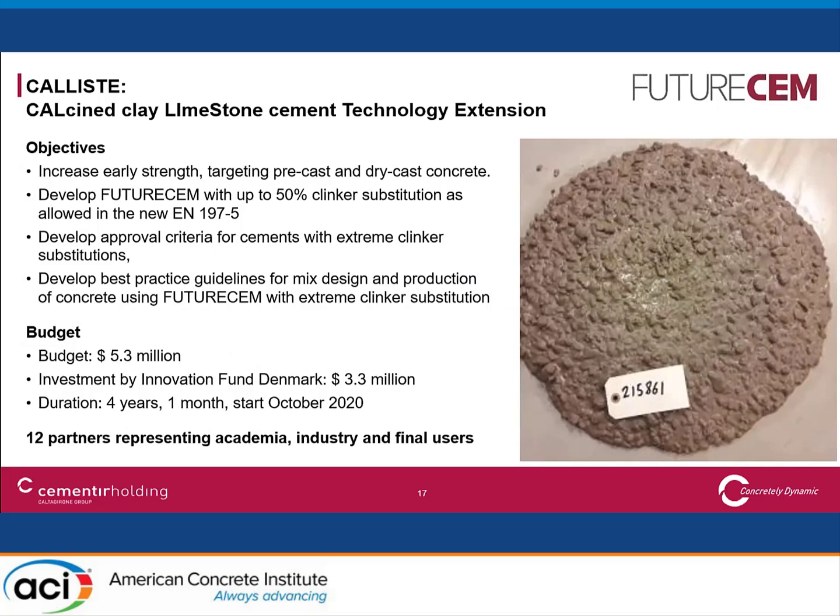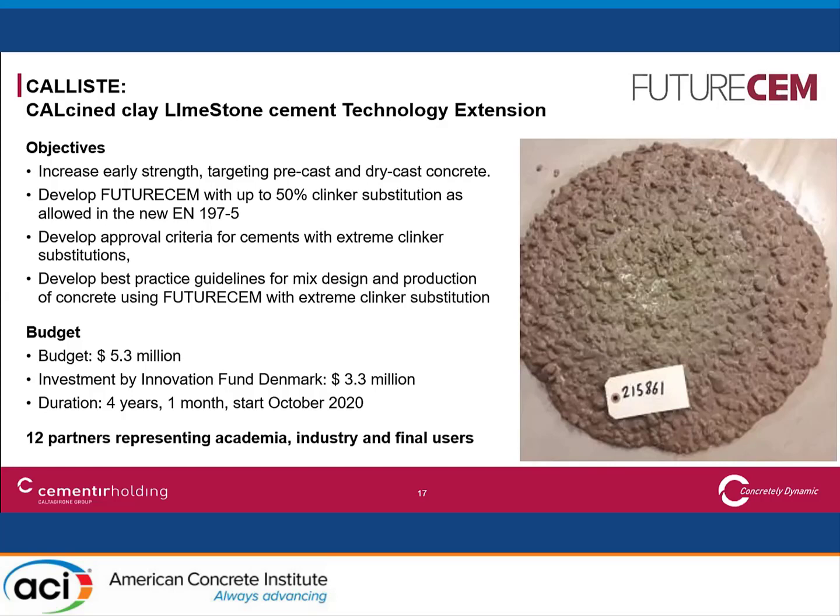So we have started a new project which we call Caliste, with the same sort of partnership as we did in the green concrete, with representatives from the whole value chain, in order to develop a cement with much higher clinker substitution, up to 50%, or with higher early strengths.